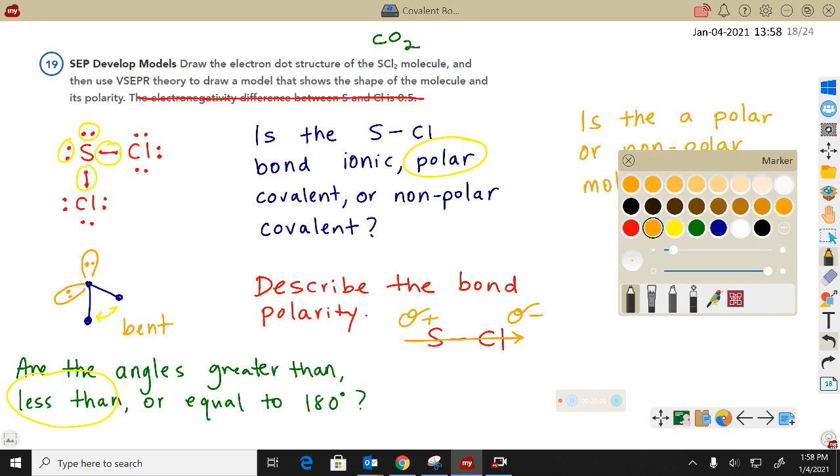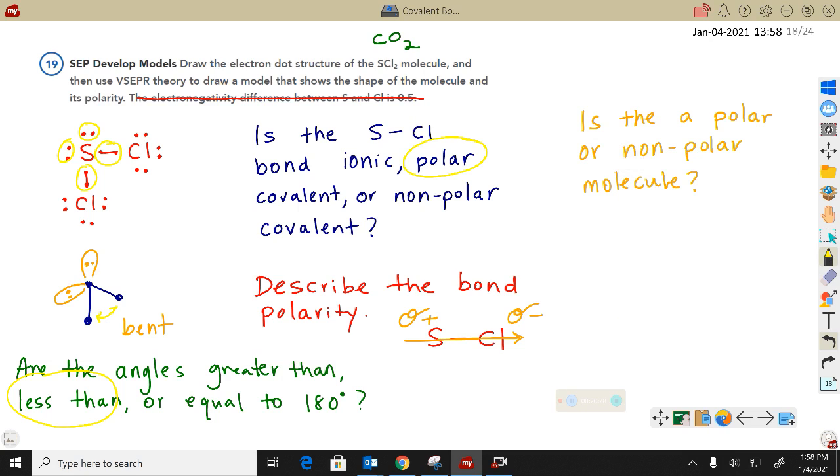Well, now I'm going to say, okay, I've got polar bonds, so I know there's going to be a pull for the electrons to be out closer to the chlorines. But because I don't have any other atoms to balance those poles, I might have equal poles, but they're not at equal angles. So that leaves this as a polar molecule.